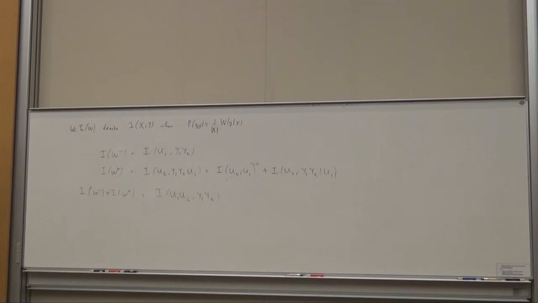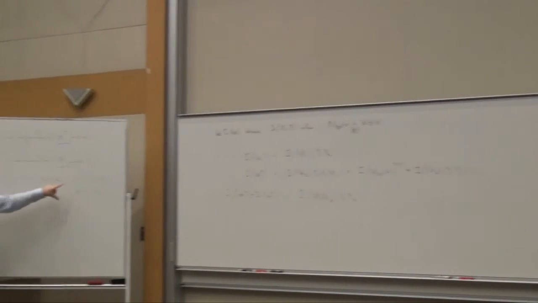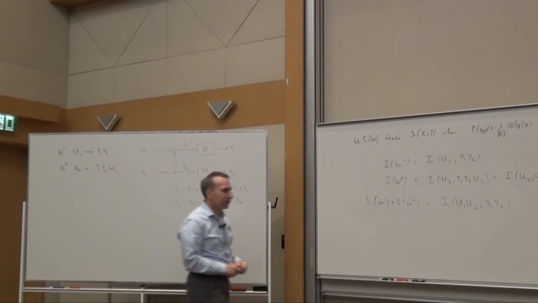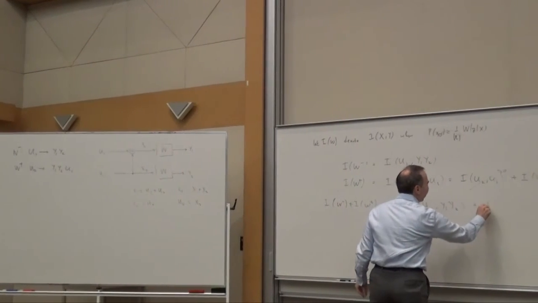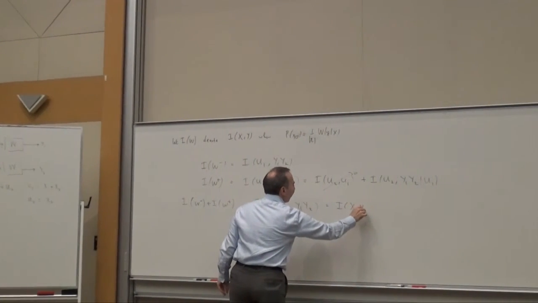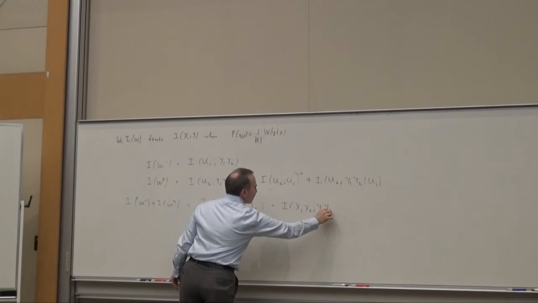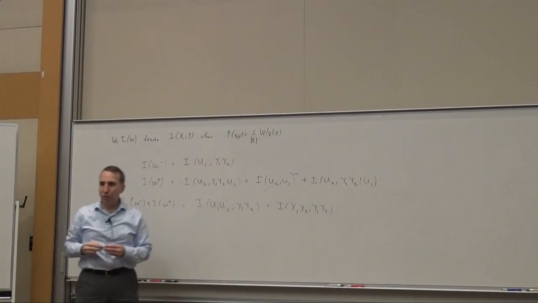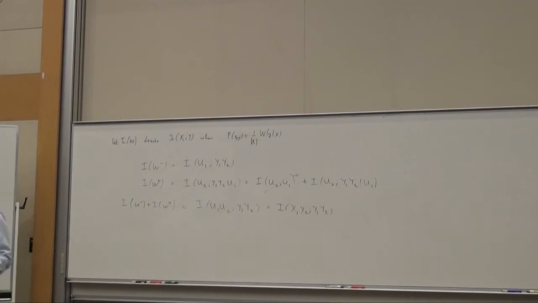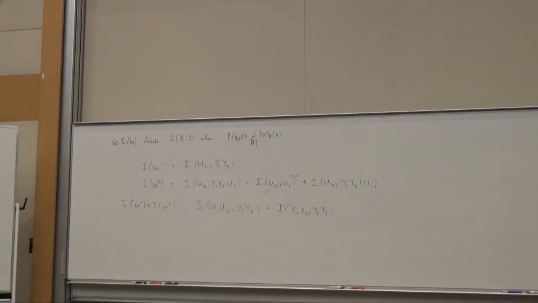But you also see the following thing. The x's and the u's are in one-to-one correspondence with each other. So this is the same as saying I(X1, X2; Y1, Y2). Remember also that when U1 and U2 are independent fair coin flips, so are X1, X2.